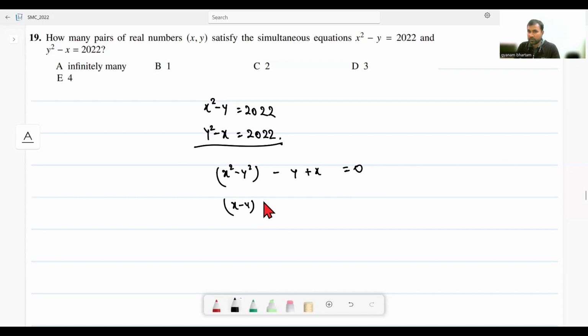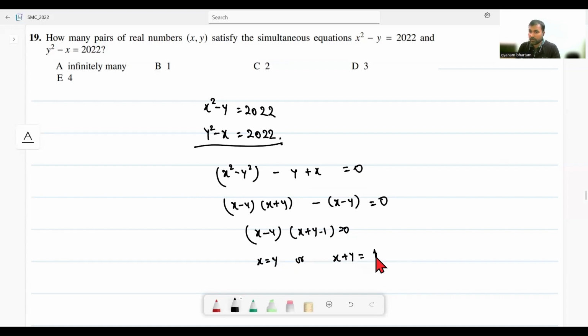So x minus y into x plus y, and we have again minus x minus y. So we can take x minus y common, and we have x plus y minus 1 equal to 0. So x is going to be y, or x plus y is going to be 1. Now these are the two conditions we have, and we will use them in any one of these equations.